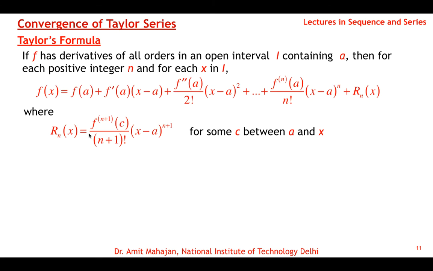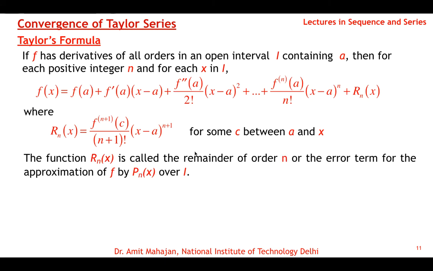And this R n x, as I said, is called the remainder of order n, or the error term for the approximation of the function by the polynomial. So the function is the Taylor polynomial plus R n x, P n x plus R n x. So R n x is nothing but the error term if we approximate the function by the Taylor polynomial.